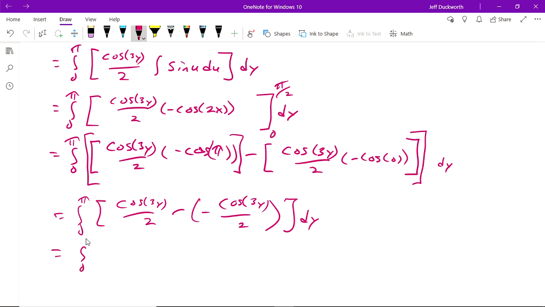So this looks like just cosine of 3y. I've got 2 of them, and then the 2's will cancel. I guess I don't need this bracket here.